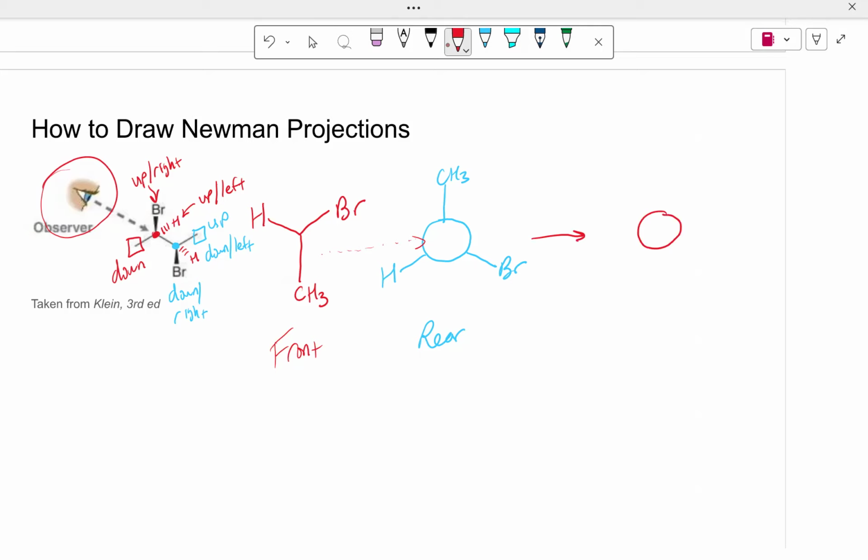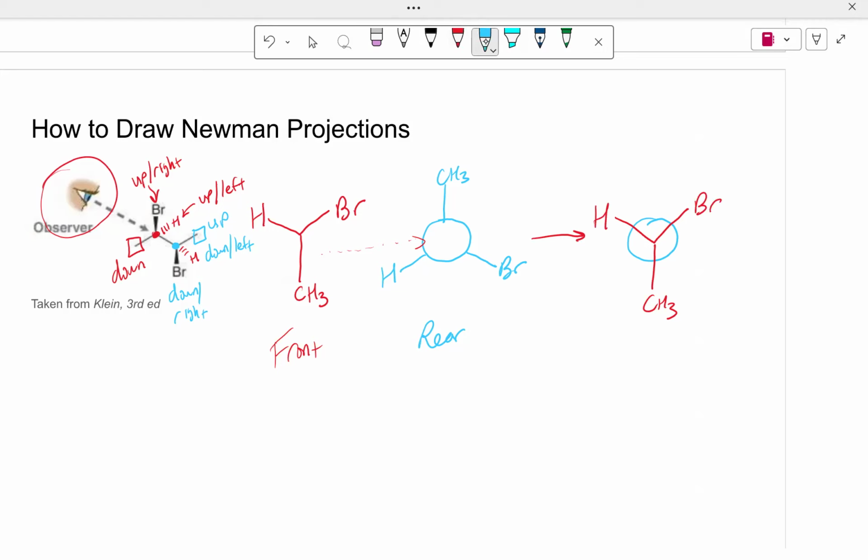And actually, I'll use the same colors I did before. So there's my rear carbon. Here's the front carbon. On the front is a CH3 going down, Br going up and to the right, and hydrogen going up and to the left.